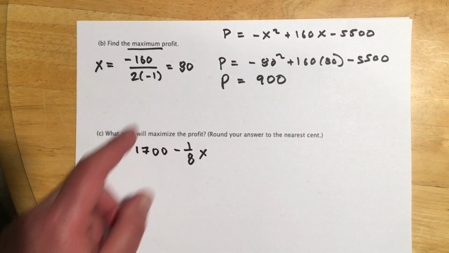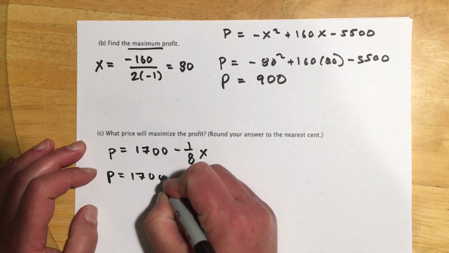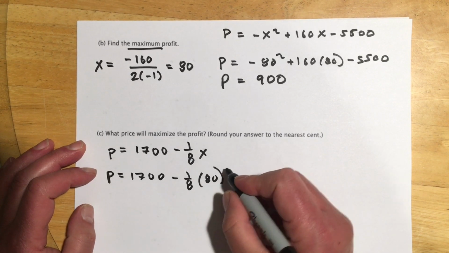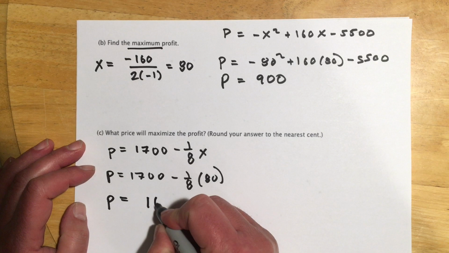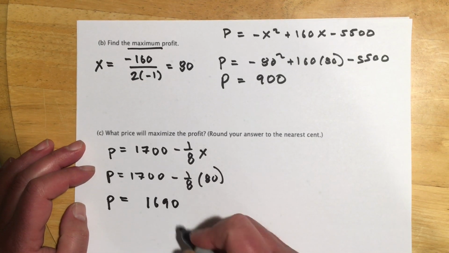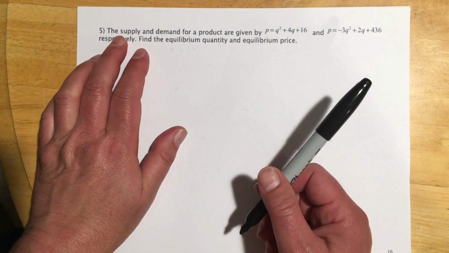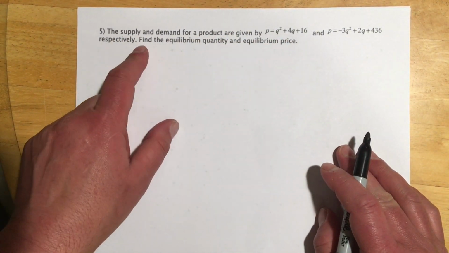And then we'll put our 80 in there. And then just do that math, and then we get the price should be $16.90.